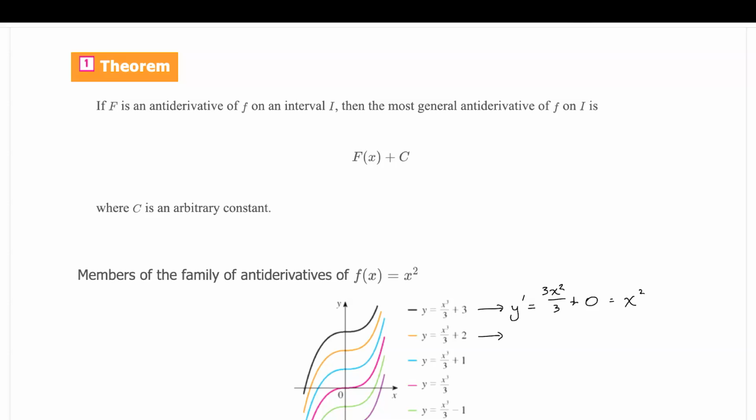And if I look at the orange curve, which took x cubed over 3 and shifted it up 2, and I take the derivative of that function, oh yeah, I'm just going to get x squared again. And if I look at the blue curve and I take its derivative, once again, I get x squared. And so for all of these that differ by a constant, their derivatives are all the same because the derivative of the added constant is always 0. So these all have derivative x squared.